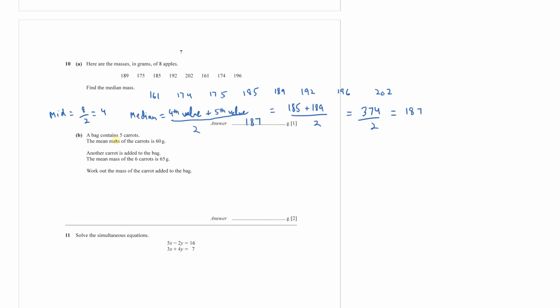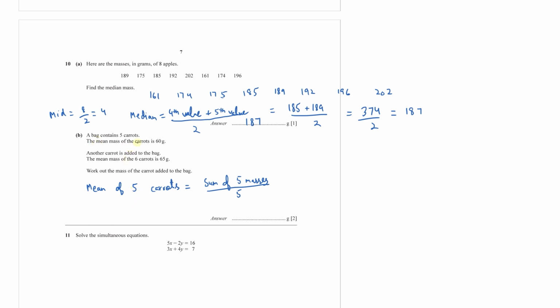So you know the mean of the original 5 carrots. Mean of 5 carrots equals the sum of 5 masses divided by 5.